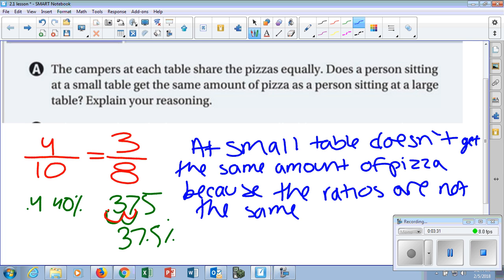So Robert, like you said earlier, you wanted to compare them like this.